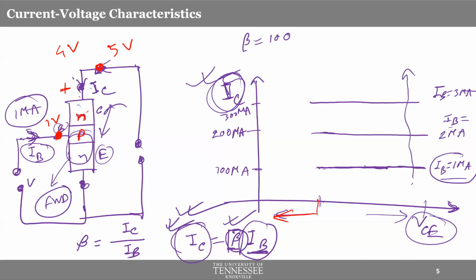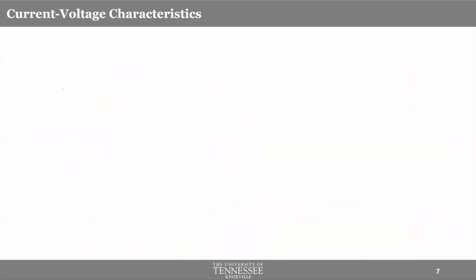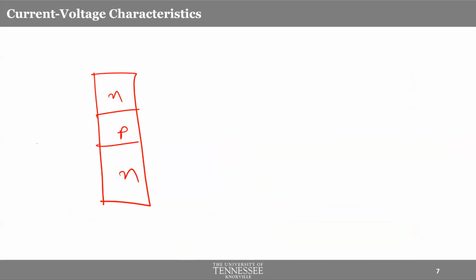I don't know if it is becoming clear. Let me go to one of these empty slides. Okay, N P N, this is base, and let's consider that somehow you applied 1 volt here and you had 5 volt here. So positive 5, positive 1.